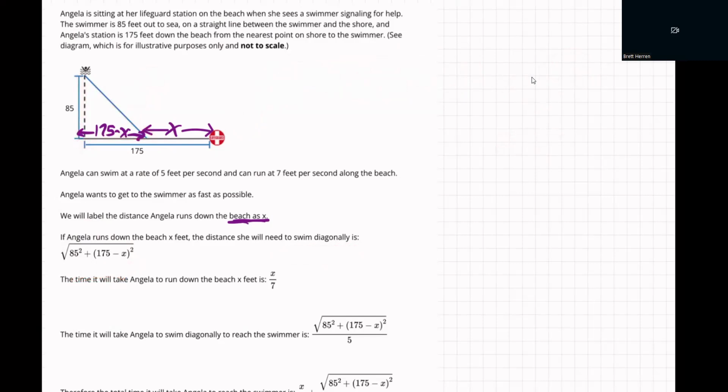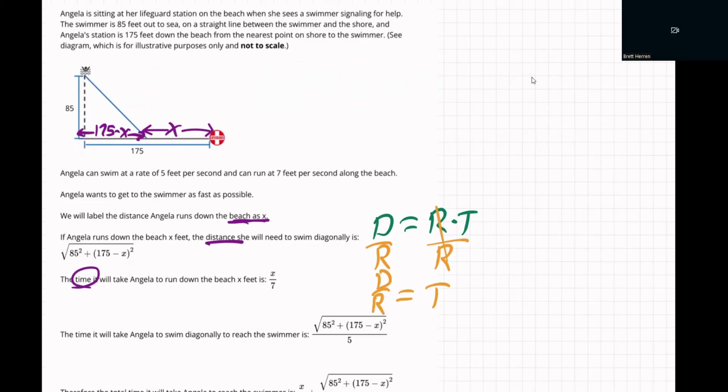So that's the distance. Now we want to know the time. How do you find time? Well, they got that from the basic formula: distance equals rate times time. So if you want to solve for time, you divide by rate. Boom. So time is distance over rate.